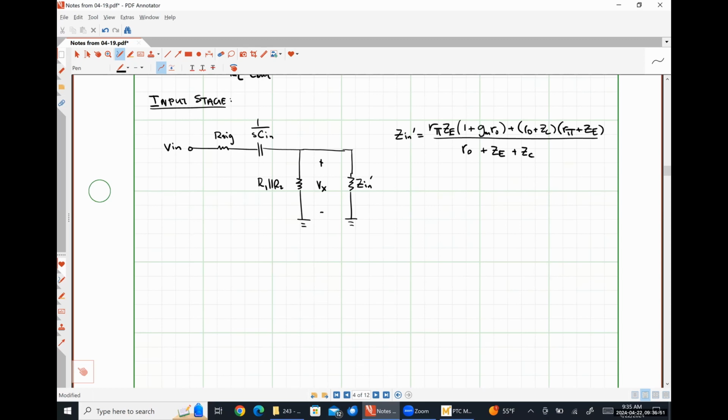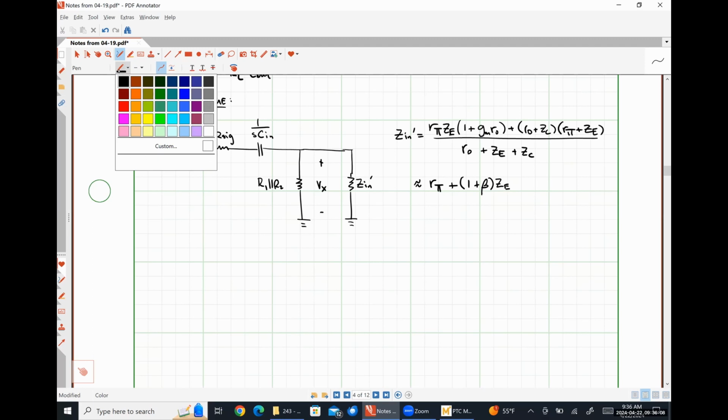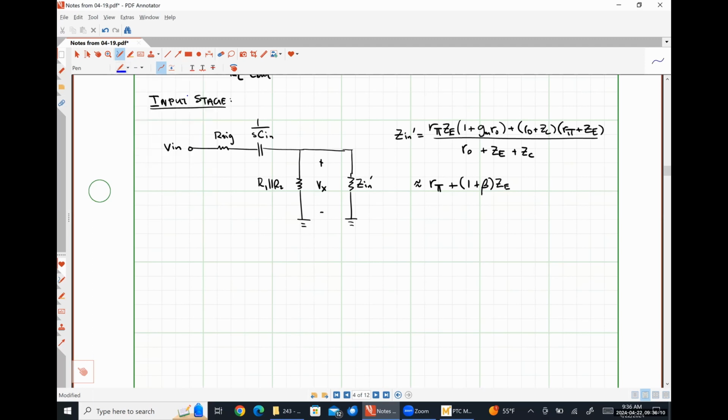So what I did is I approximated this by the relationship R pi plus 1 plus beta ZE. This relationship, for what it's worth, isn't something that I pulled out of thin air. This is nothing more than Zn prime with the early effects neglected.